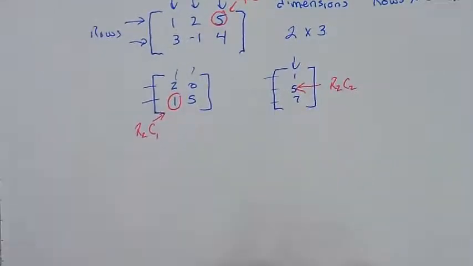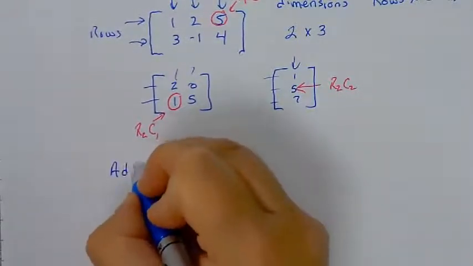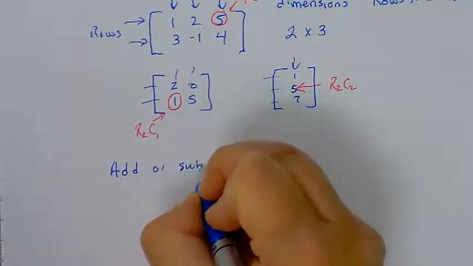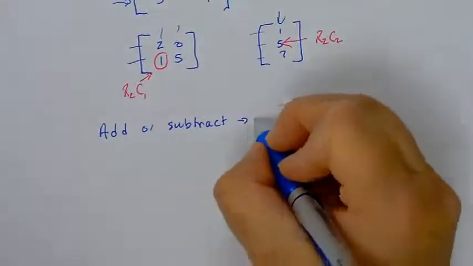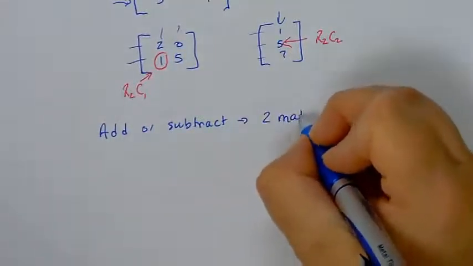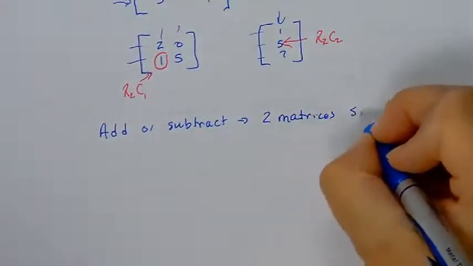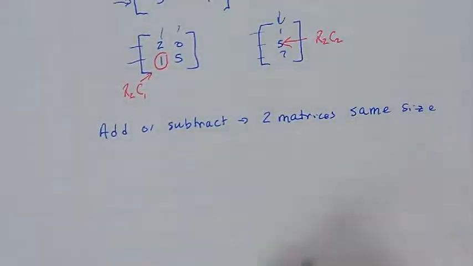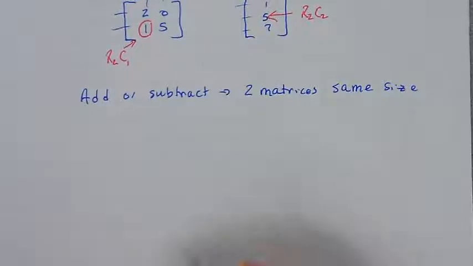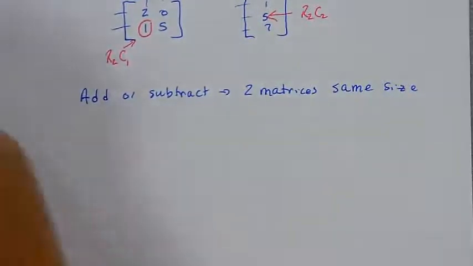Whenever you add or subtract matrices, the 2 matrices must be the same size. That's not true when we start talking about multiplication, but when you add or subtract, the 2 matrices must be the same size.